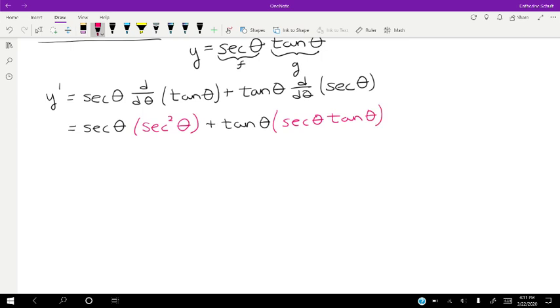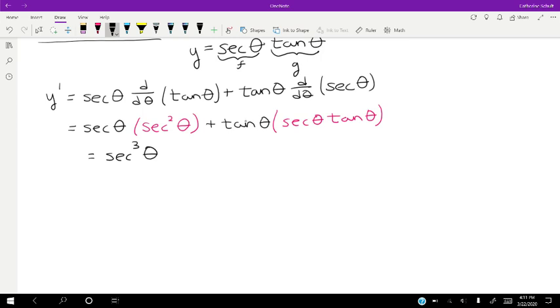All right. And now it's time to clean up everything. That's 3 copies of secant right here, so this is going to be secant cubed theta. And then here we have 1, 2. We're not going to distribute. We only distribute if it's a sum. This is just a product, right?